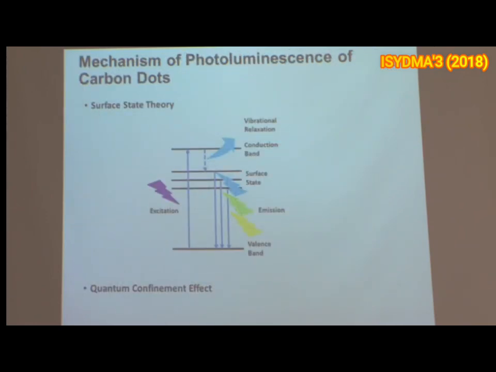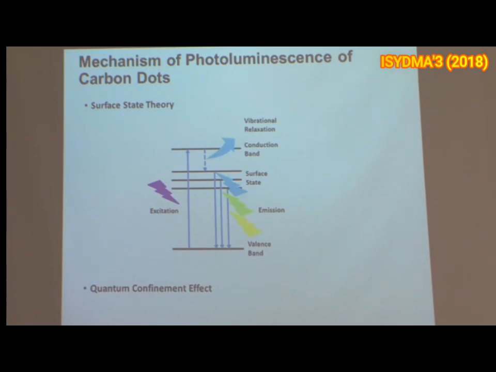But before that, if you ask me what the mechanism is to explain the excitation wavelength dependence: as you know, for those who do fluorescence spectroscopy with organic fluorophores, you excite at a different wavelength and the emission will always be at the same position. That means you have this transition here, excitation of the electronic state to the first electronic state, the fundamental state.